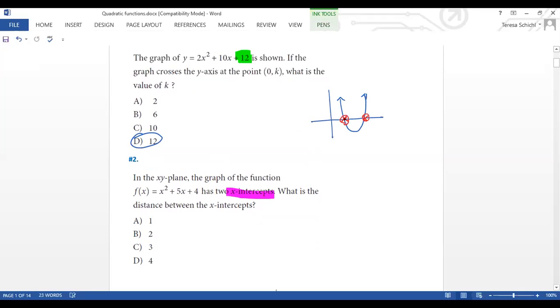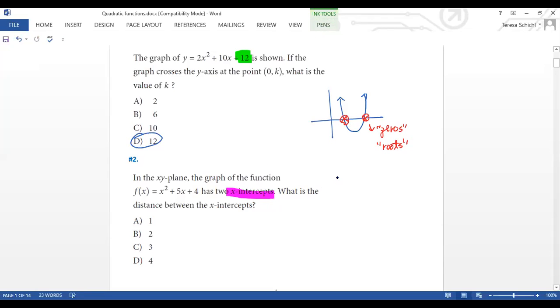That's why it's called the x-intercept. We also call those zeros, or roots, right? So how do we find the zeros? How do we find the roots here?